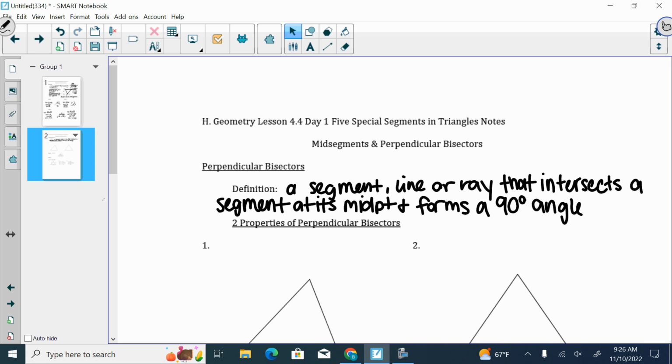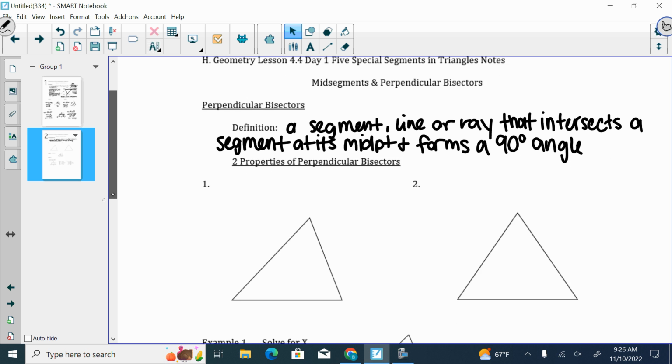So basically, a perpendicular bisector is going to be exactly what its name says. We know that a bisector means to cut something in half, which is what it does, hits at the midpoint, and the line is going to be perpendicular, meaning it forms a 90-degree angle. Okay. All right, and there are also two properties that we need to know for our perpendicular bisectors.